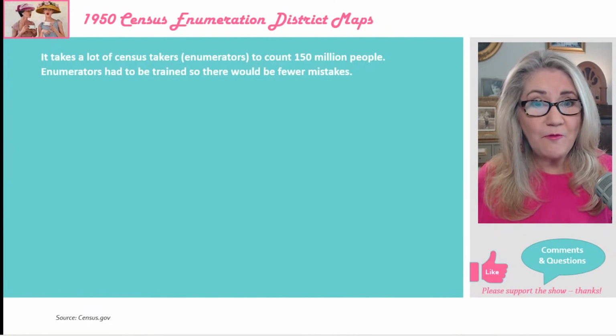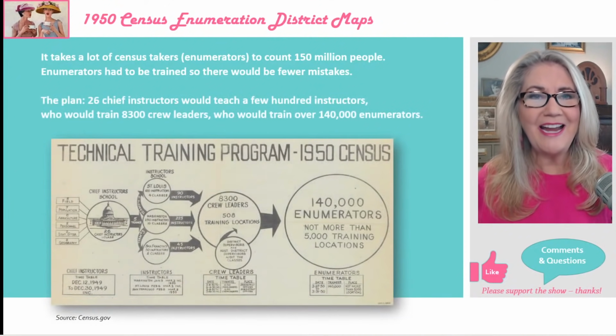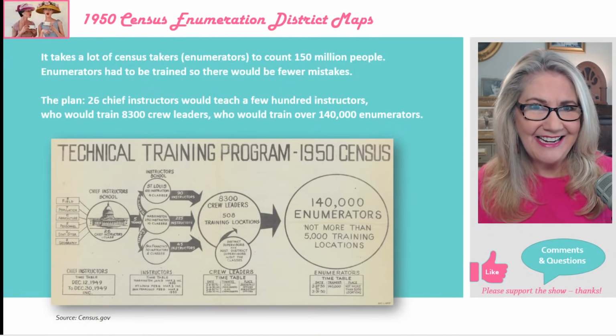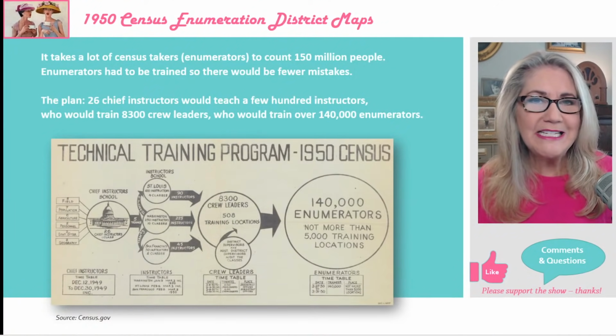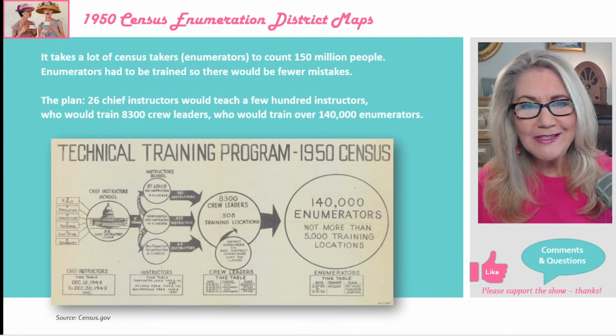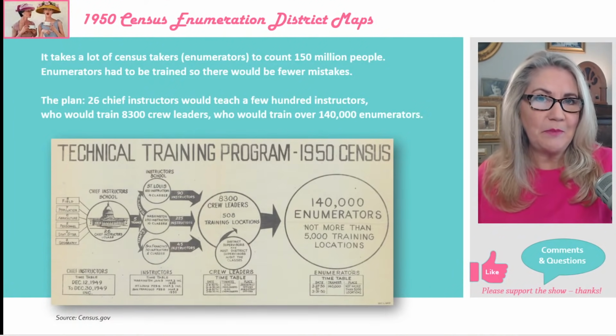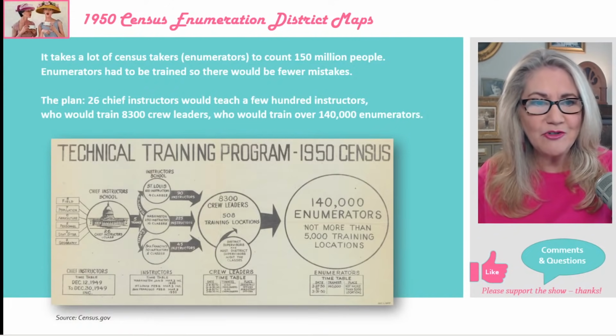So this workforce had to be trained, right, to hopefully make fewer mistakes. So here was their plan in 1950. They had 26 chief enumerators, and they were going to teach a couple of hundred of their main instructors.